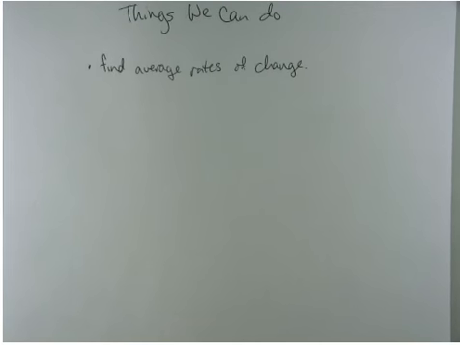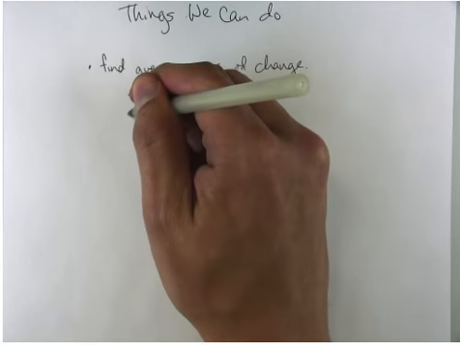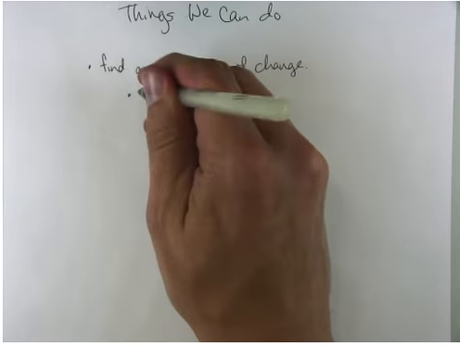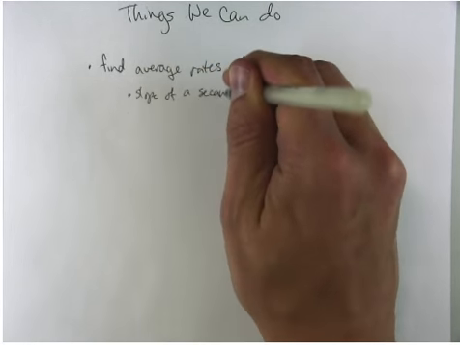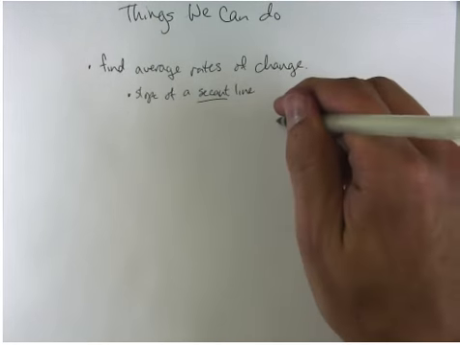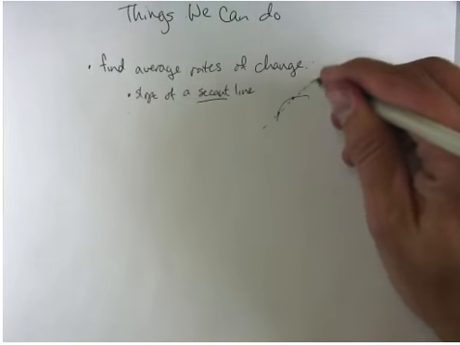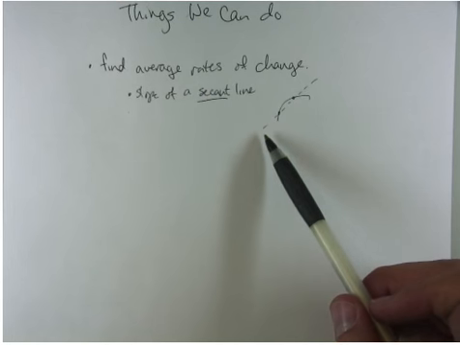It's worth noting a couple of things just in terms of context here. The average rate of change corresponds to the slope of a secant line. So here's the geometrical interpretation of an average rate of change.